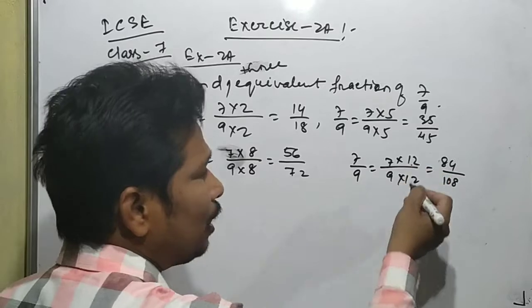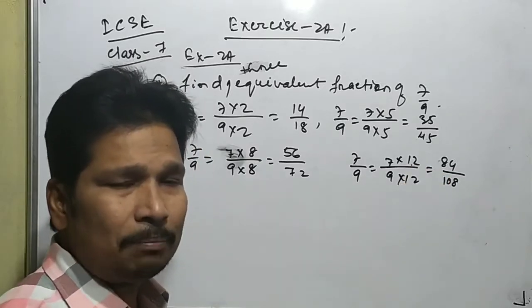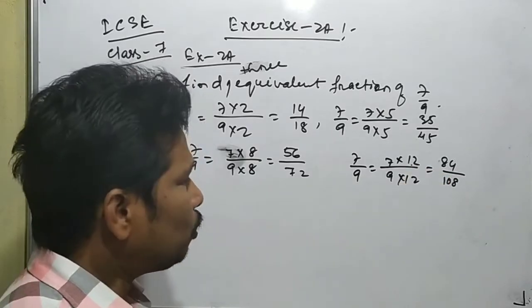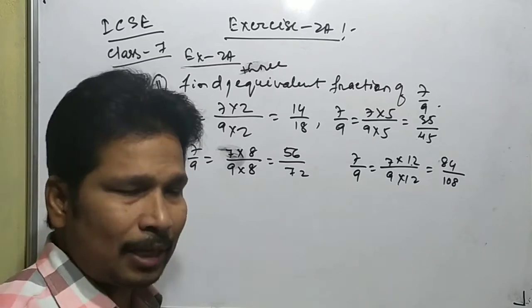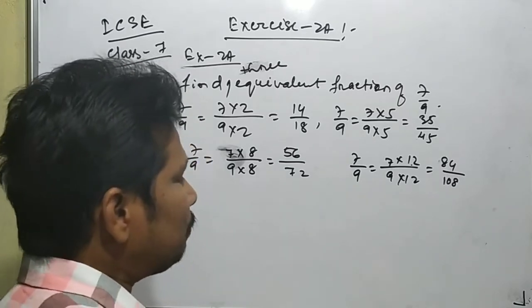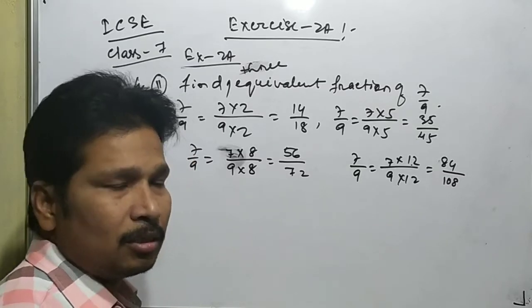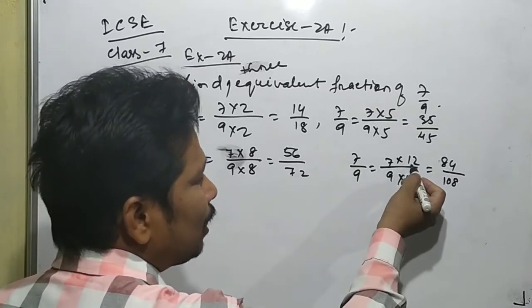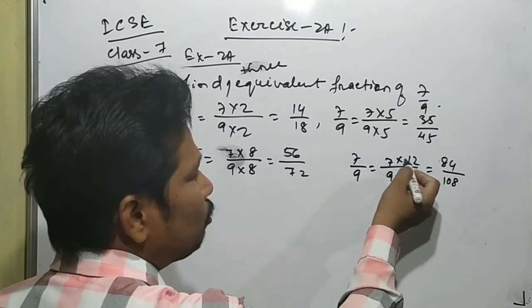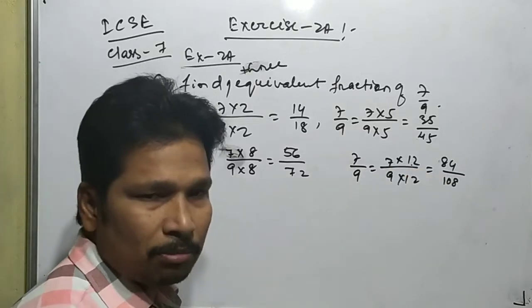Don't take numbers like 12, 30, 45. We will get the answer, but there is a problem: if we multiply with a big number, there is a possibility of getting the wrong answer. When we multiply 7 with 45, the calculation may be wrong.